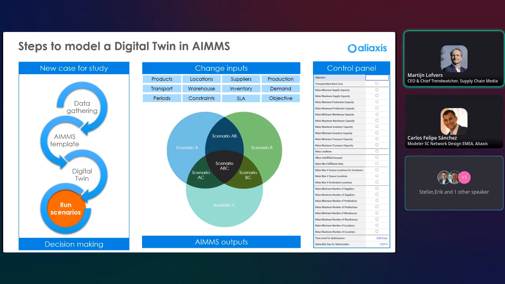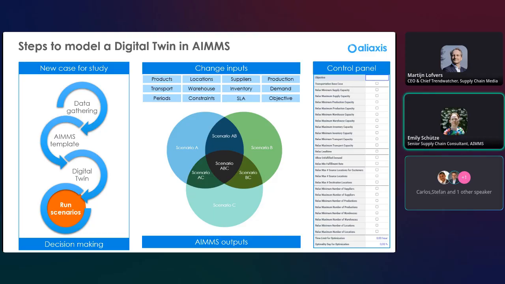All right. And Emily, looking at the middle, you see all kinds of overlapping scenarios. Can you explain how to use it, and in which circumstances it is useful to have different overlapping scenarios for decision making? Yeah, so that's especially useful if you're doing any kind of sensitivity analysis. If you have an optimistic, a pessimistic, and a most likely scenario, then you might want to combine that with changing other parameters like how many DCs you want or what your transport costs are.